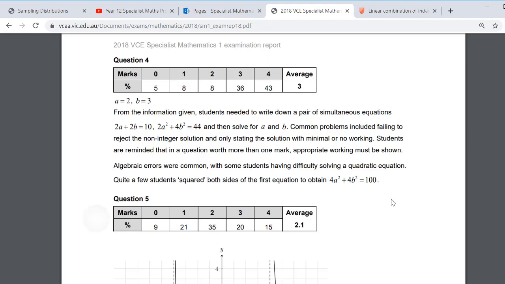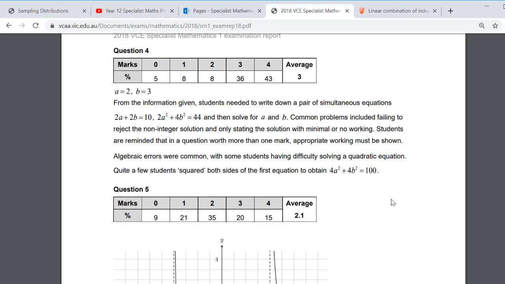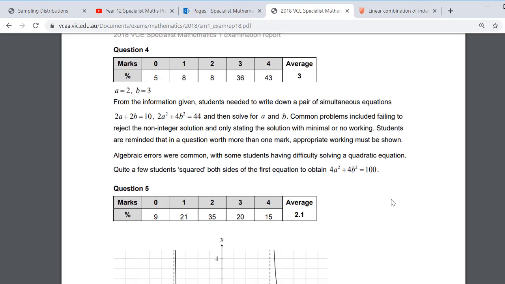I don't recommend guessing and checking, but you've got two equations, and of course, remember how many solutions there are going to be if they're integers to 2a plus 2b is equal to 10, or a plus b is equal to 5.